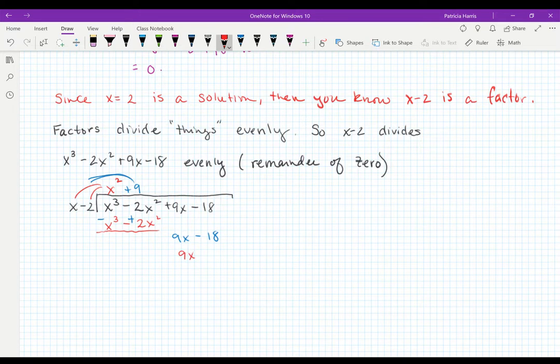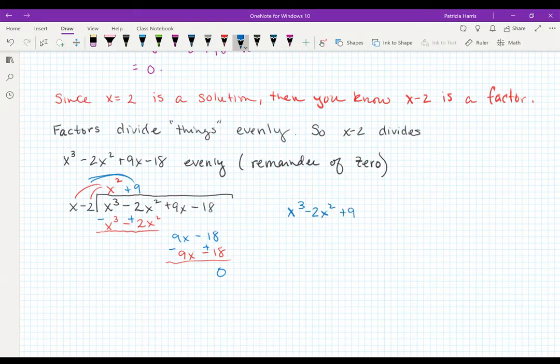That would be 9. So you distribute and get 9x minus 18. Remember, when you do your long division, you subtract, so we change the sign, and we get our remainder of 0 as promised.